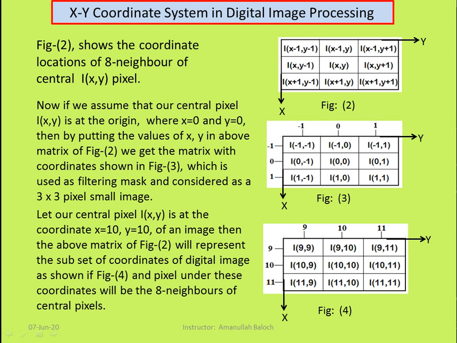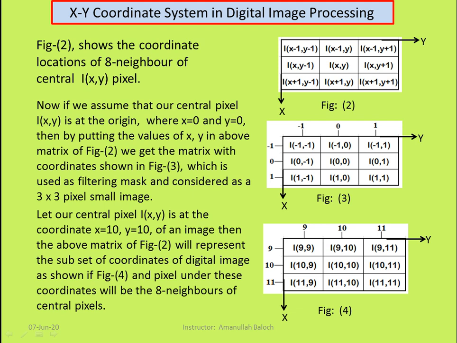What are the coordinate values of the 8 neighbors of the central pixel? We construct these coordinate values from these x, y values. You may see in the next figure, number 3.